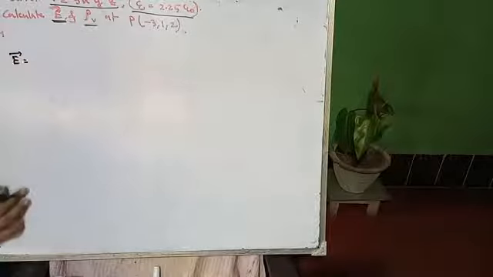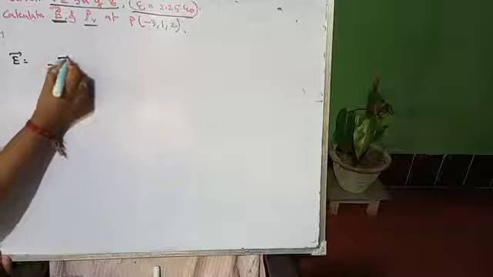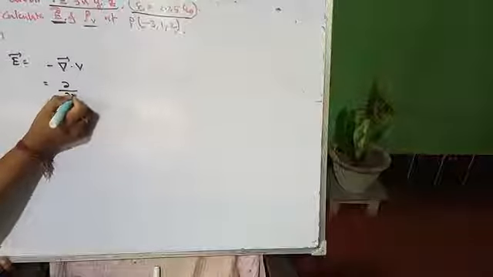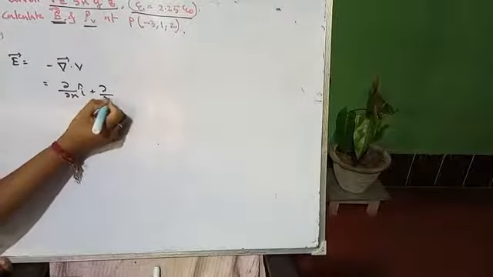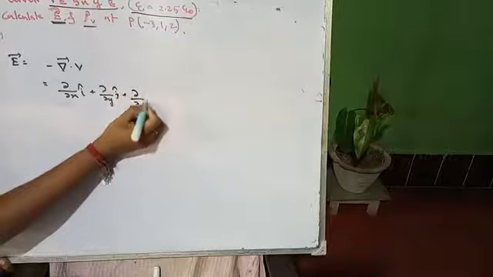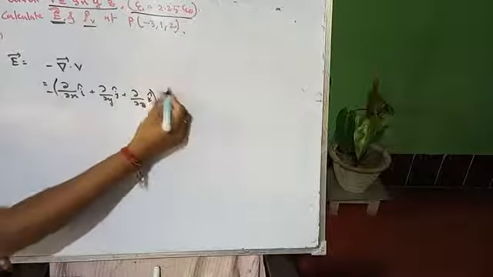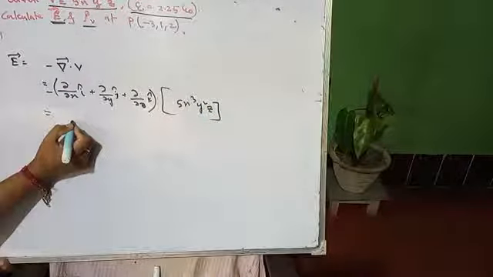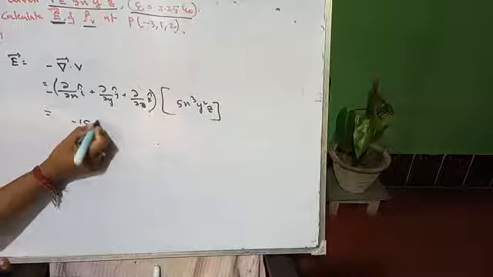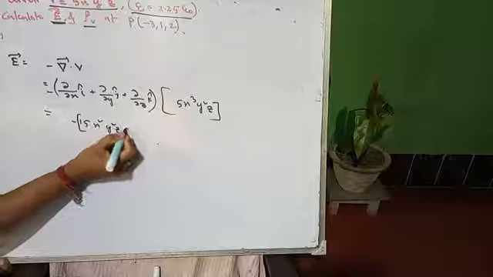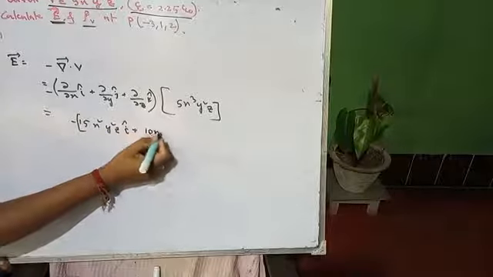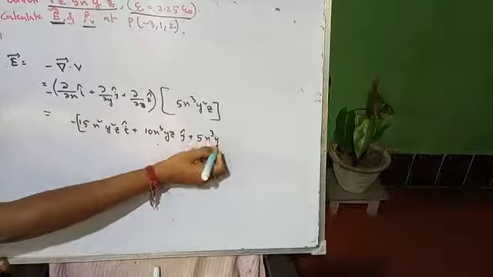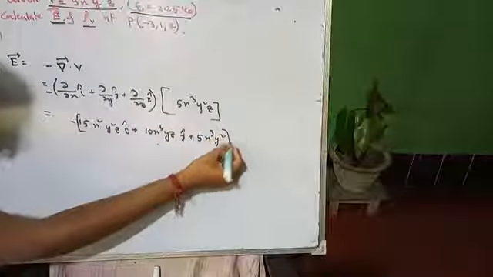E equals minus gradient of V, right? Minus gradient of V means minus (del/del x i cap plus del/del y j cap plus del/del z k cap) applied to V, and V is 5x³y²z. After differentiating, we get minus 15x²y²z i cap plus 10x³yz j cap plus 5x³y² k cap.